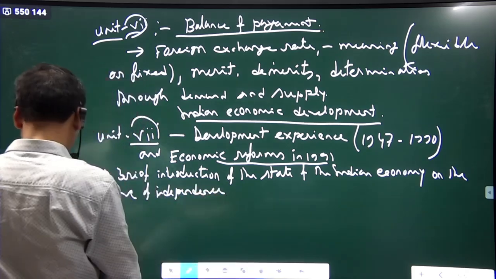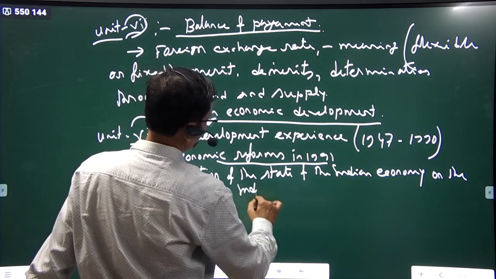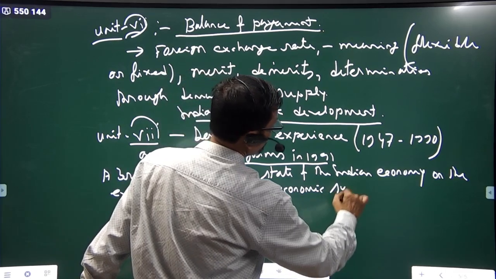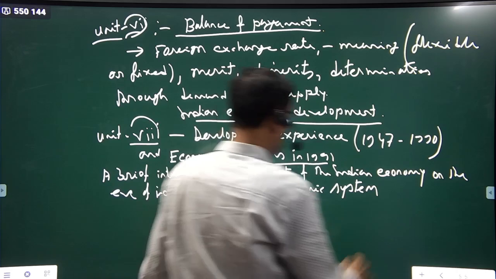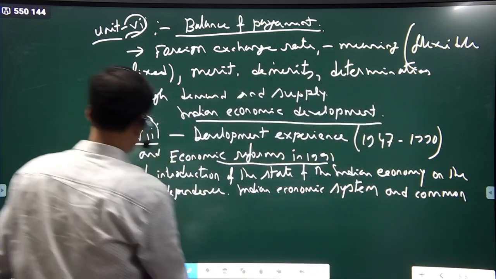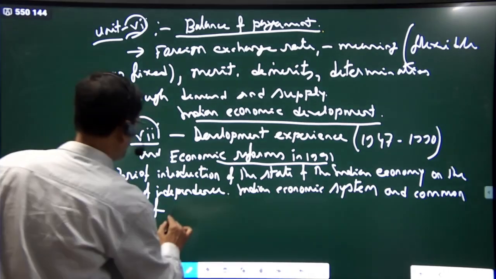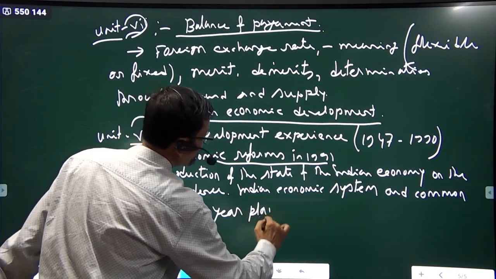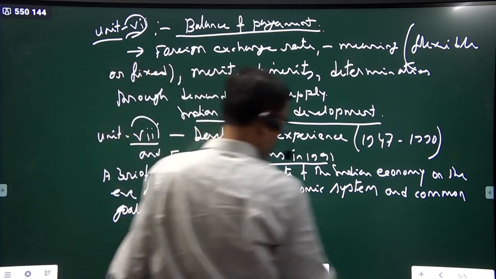On the eve of independence, Indian economic system and common goals. What are the goals? Common goals of 5-year planning. This is one part.